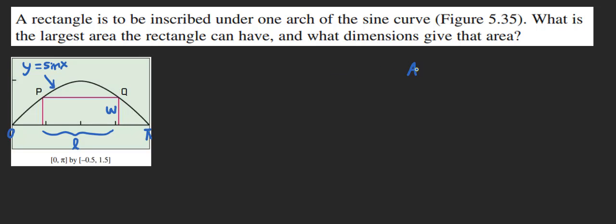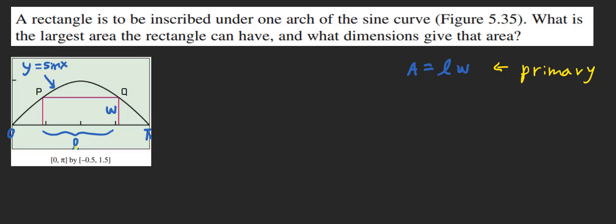So area is going to be L times W. So this is our primary, because we need to find the derivative of area to find the largest area. But again, we have two variables. We want to make it into a single variable, so we need to find the secondary equation.